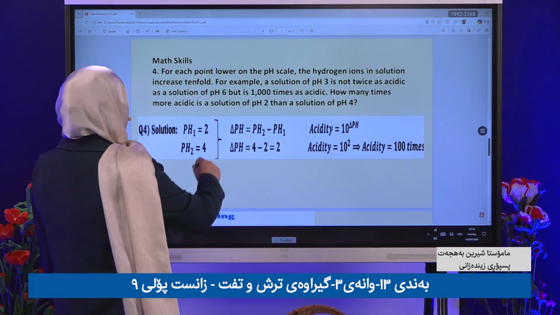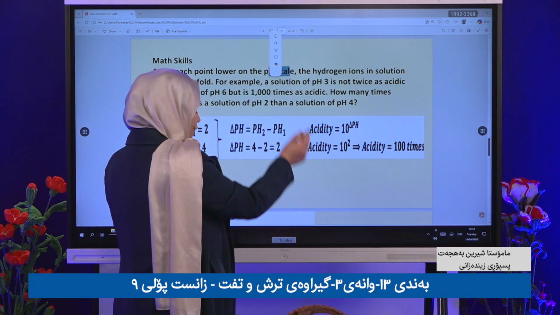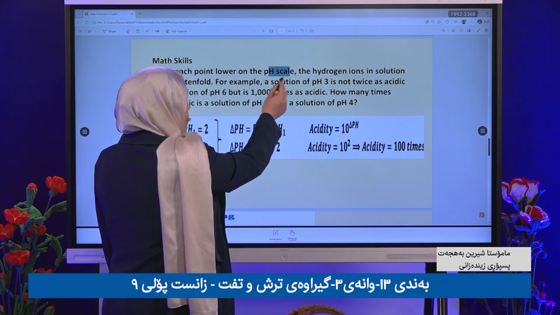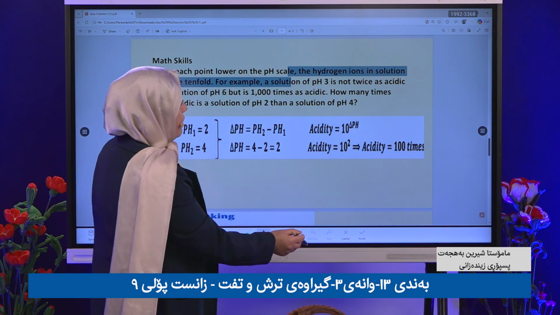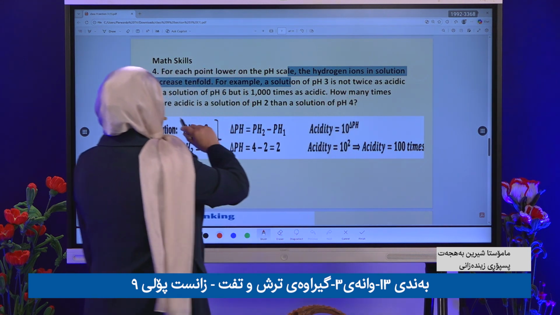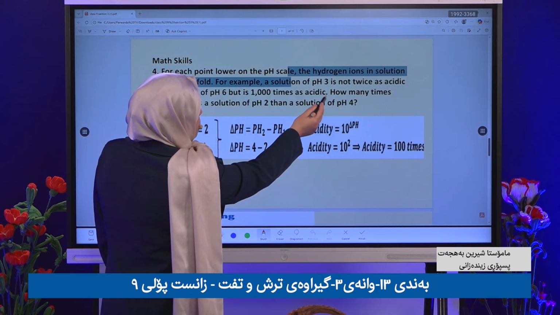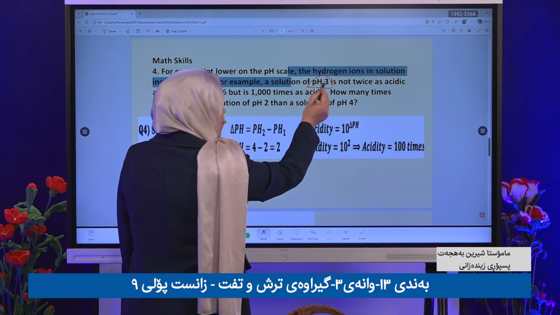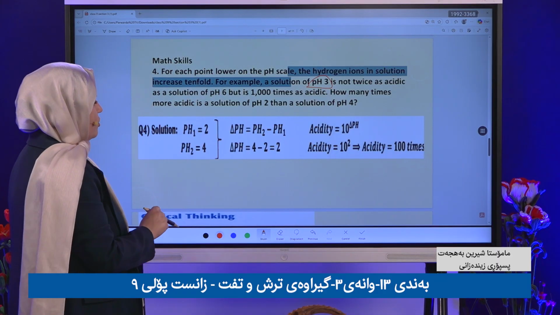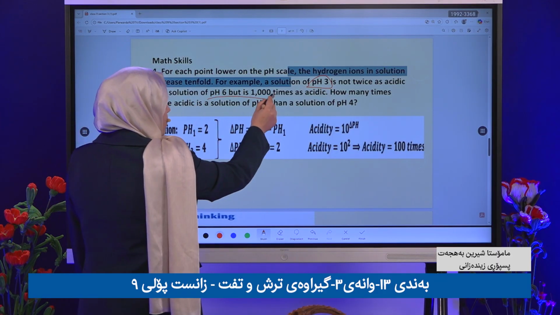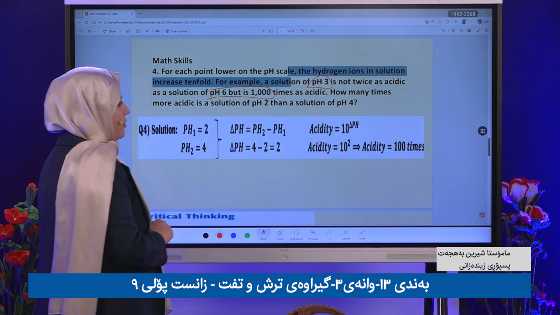For each point lower on the pH scale, the hydrogen ion concentration increases tenfold. For example, a solution of pH 3 is not twice as acidic as a solution of pH 1, it is 100 times more acidic.